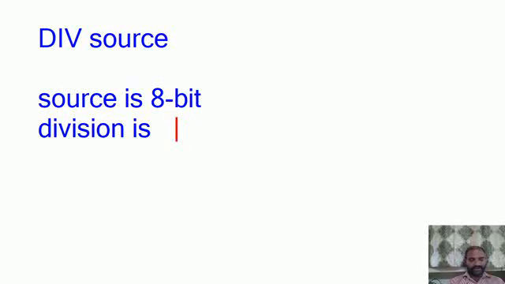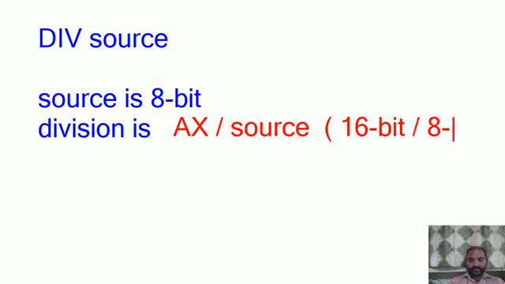It is going to divide the AX content by the source. So it is dividing the 16-bit number with the 8-bit number.